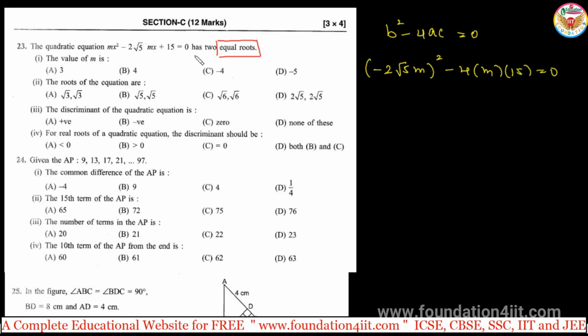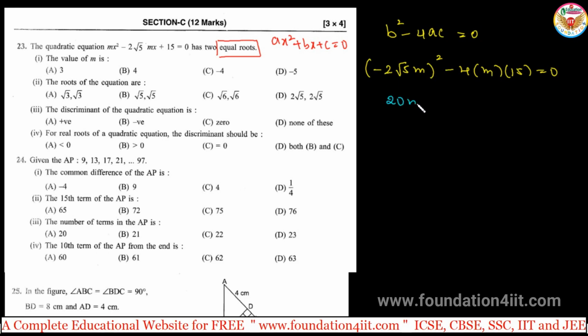If you solve, you'll get it, because the general form of a quadratic equation is ax square plus bx plus c is equal to 0, right? So the x square coefficient is a, the x coefficient is b, and the constant is c. We'll apply this. Minus square is plus, 2 square is 4, root 5 square is 5, 4 into 5 is 20.